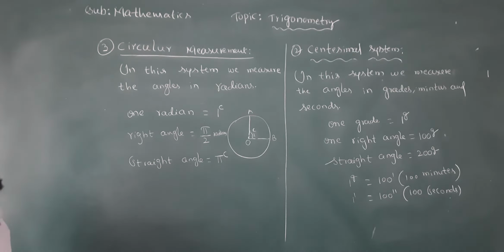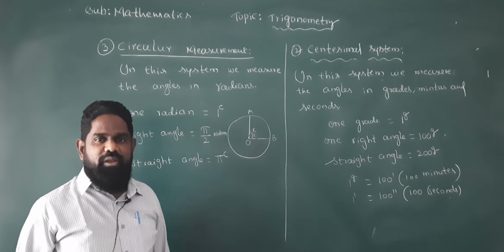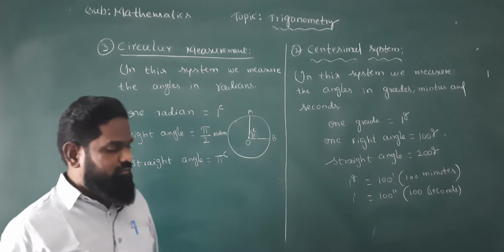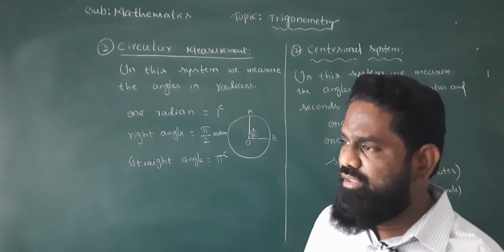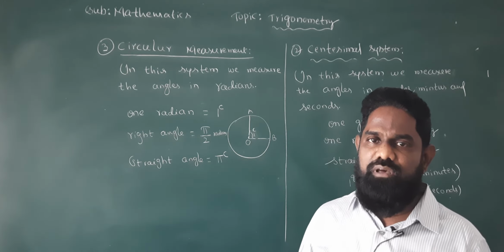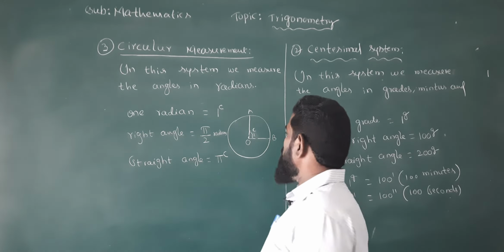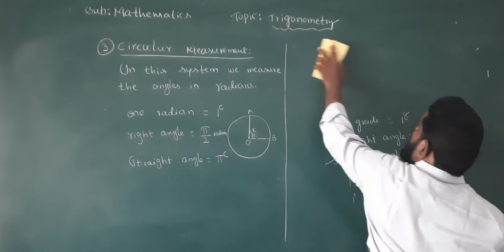Okay, like this we can define the measurements or systems. These are very useful for measuring the angles in radians, grades or degrees. Understand?